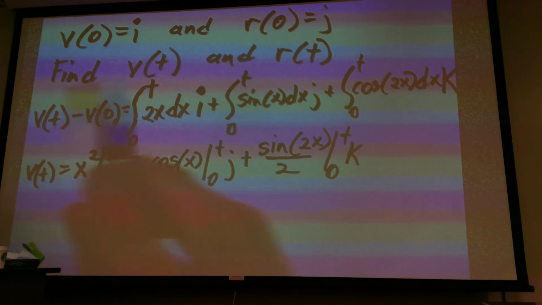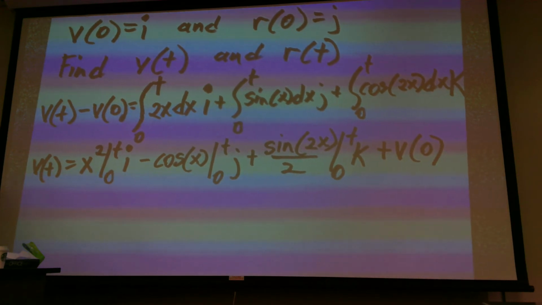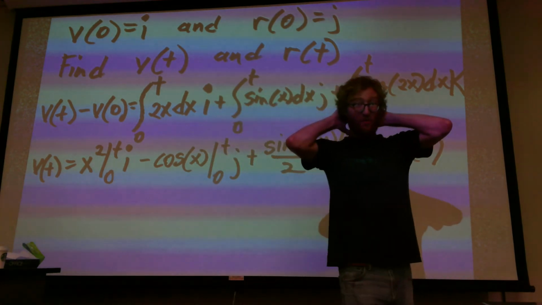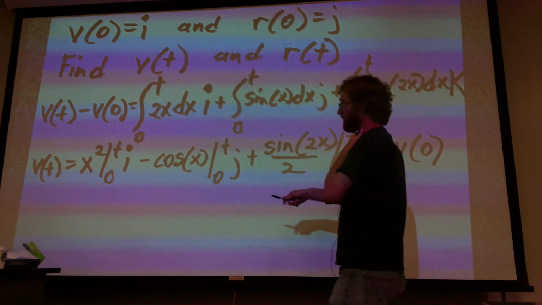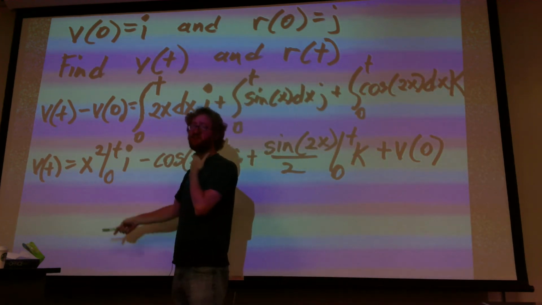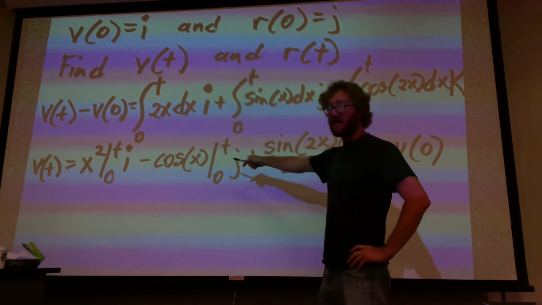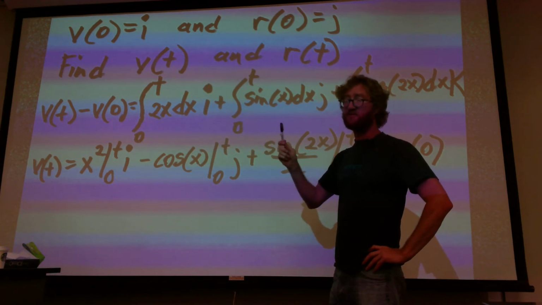And what I'm going to do is take this v of 0 that I have right here and move it to the opposite side. Whenever you think about this as adding plus c to the problem, there's actually going to be quite a bit that gets inserted. So for this one right here, when I plug these 2 points in, I'm just going to get t squared. When I plug these 2 points into this one, it's going to be negative cosine of t, but you have to remember cosine of 0 is 1.